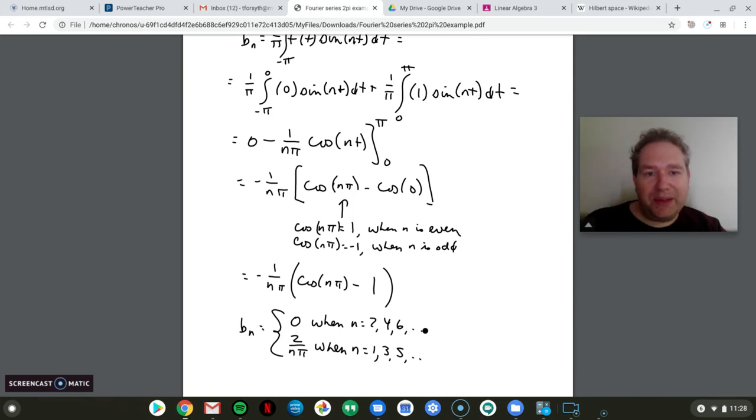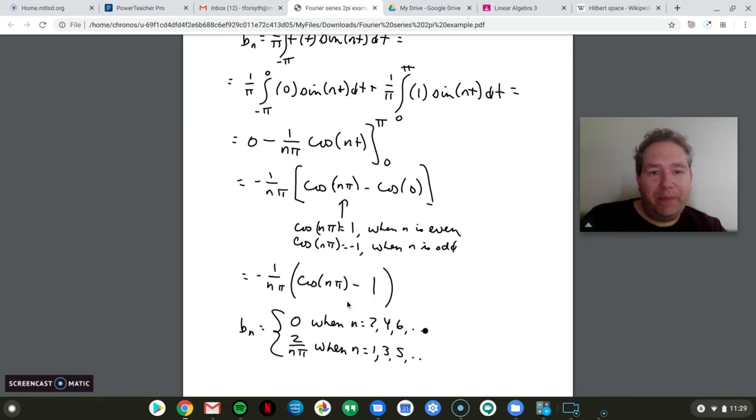And so with cosine, it matters what the value is going to be, because it's an even function. So it matters if you're putting in a positive or a negative. Sine is not, in that respect. So basically all even terms are going to come out to 1, and all odd terms are going to come out to -1. When you look at that, the cosine of 0 is 1, right?